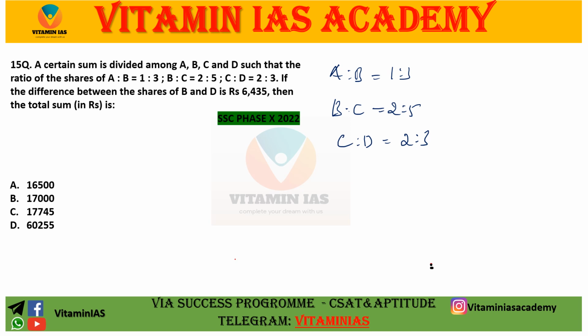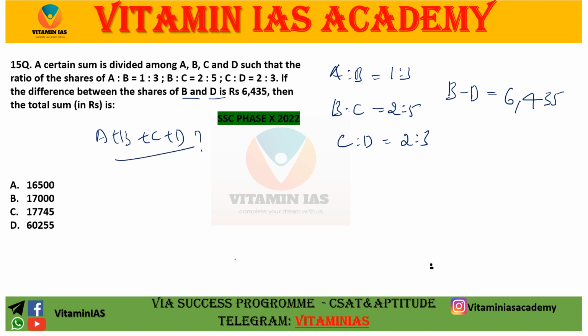If the difference between the shares of B and D, means B minus D, is 6,435 rupees, then the total sum, means A plus B plus C plus D.